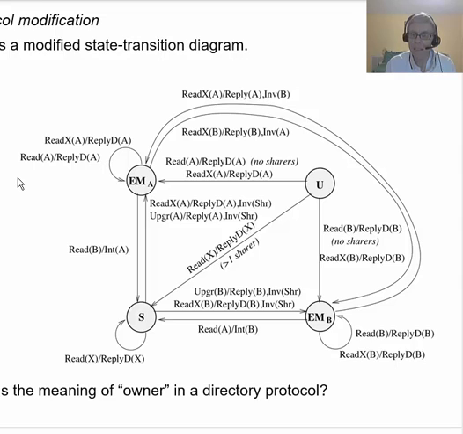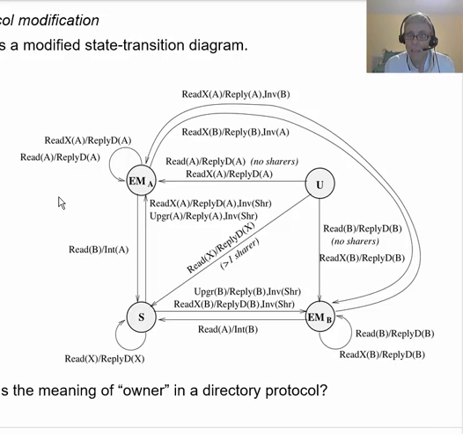First of all, if the block is in state unowned and there's a read request, well, it depends upon whether there's no sharers or whether there's more than one sharer. If there are no sharers, then the read is going to induce a change into state EM sub A or EM sub B, but we'll just deal with EM sub A because the diagram is perfectly symmetric.